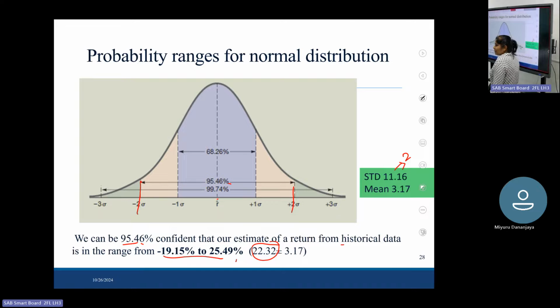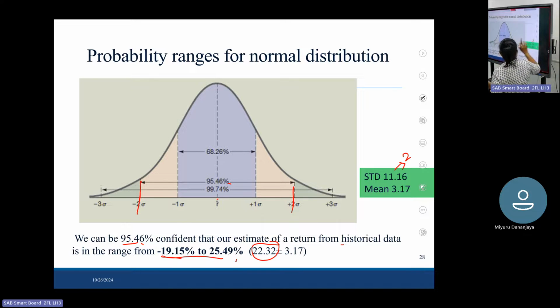How does this 24.49 come? 3.17 plus 22.32. And from the other end, our actual return can decrease down to minus 19.15. That is 3.17 minus 22.32. So that way you can interpret.